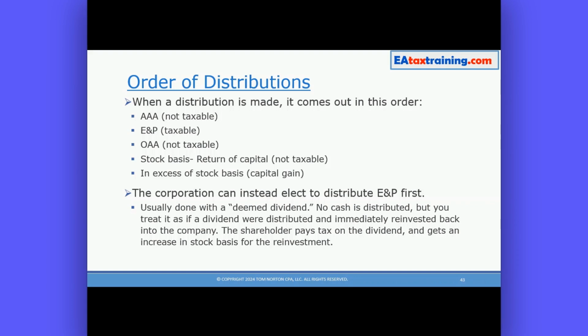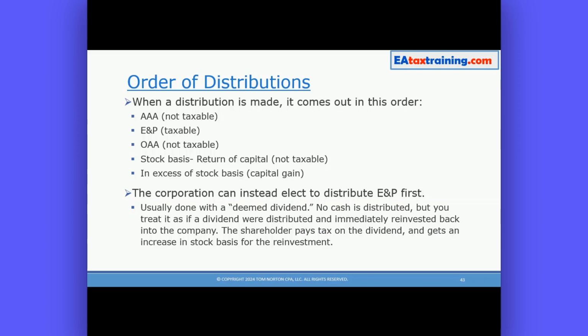Once they've distributed out all of the S Corp earnings, so AAA is now gone, any other distributions that they make will be considered to come from earnings and profits, the earnings and profits they had while they were a C Corp. So those distributions are taxable.